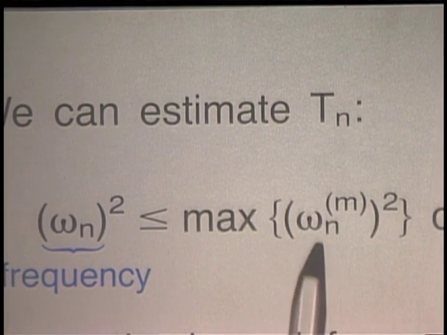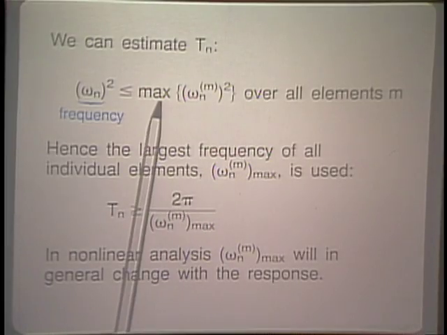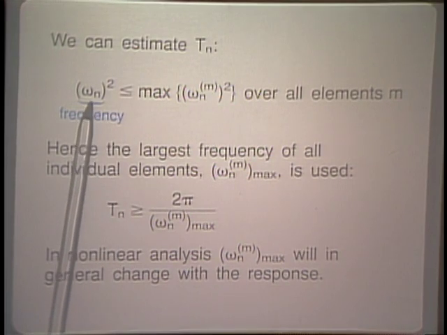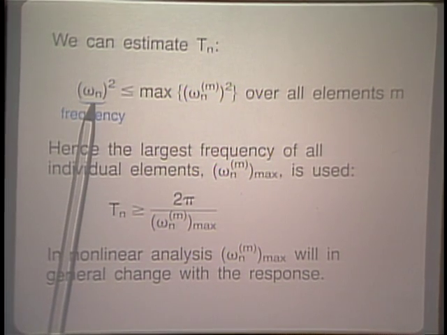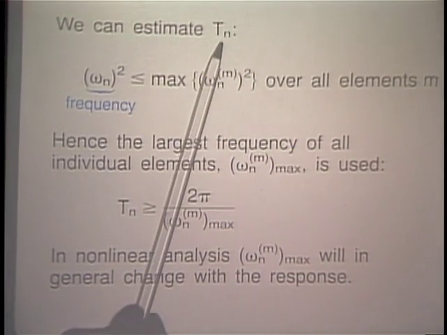It means here that we're looking at omega nm squared of each of the elements, and we select the largest such value to put in here. And that then gives us an upper bound on omega n squared, the actual omega n that we need, because omega n gives us Tn.